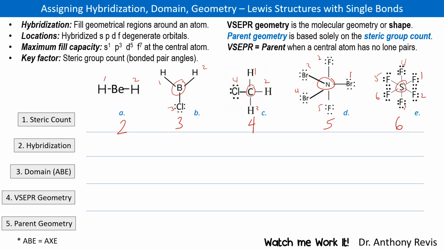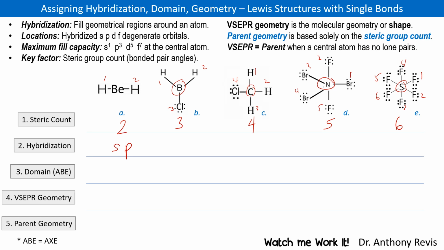Now, let's go down to hybridization. For hybridization, we need to fill 2 locations. If we write an S, that takes care of one of them. Recall, we don't write the 1s. So if we put a 1 there, we write it, but we don't do that. That basically means I fill 1 position with the S. That's the maximum for an S. Therefore, I go with a P, and I put one of these in the P. So I have 2.